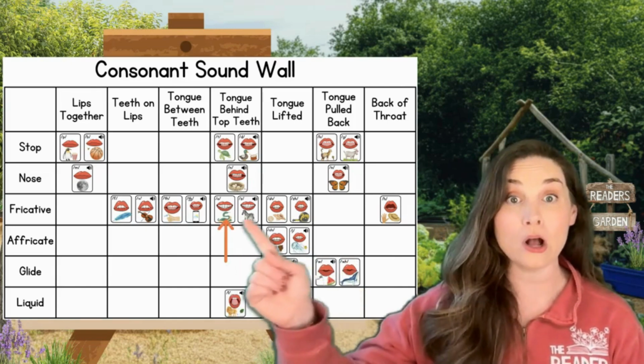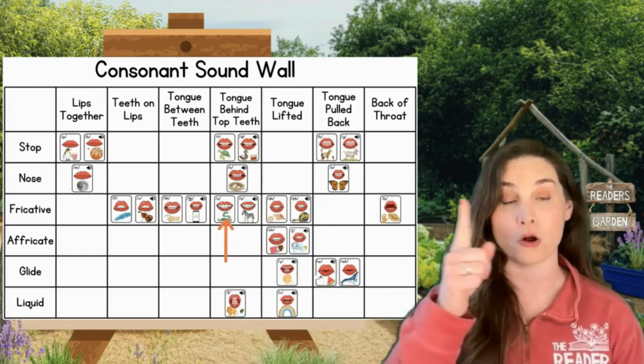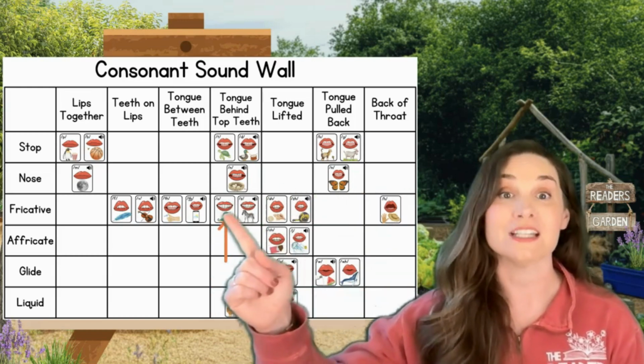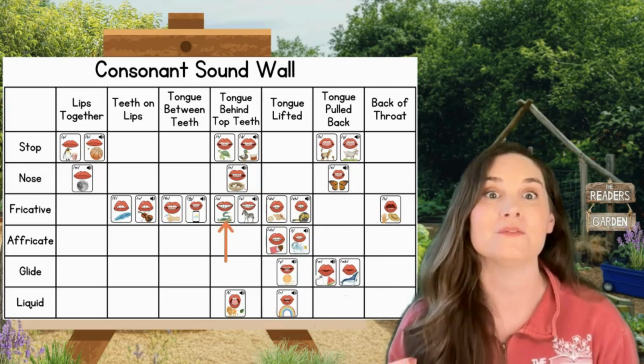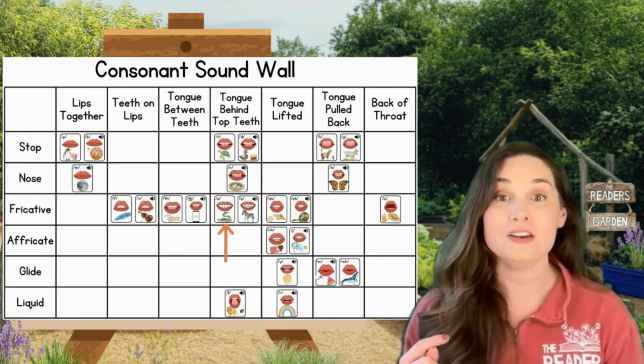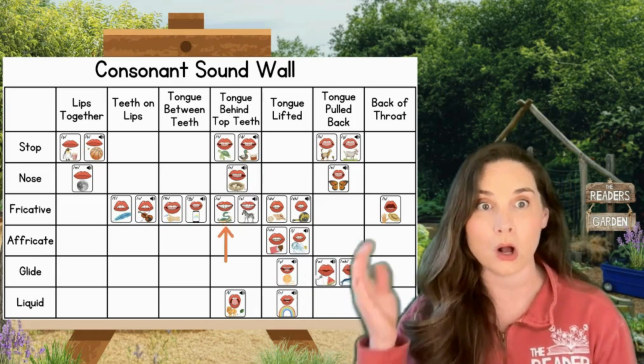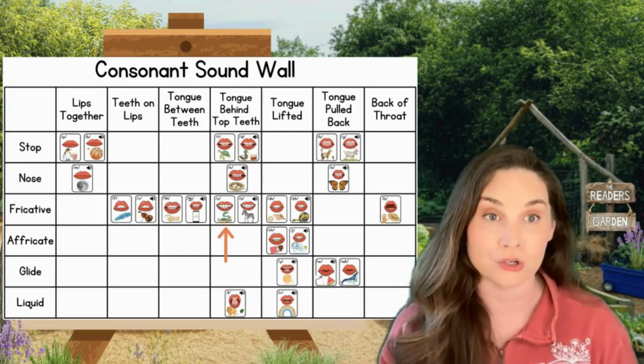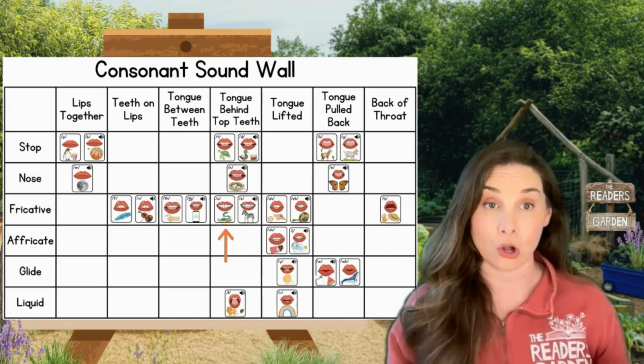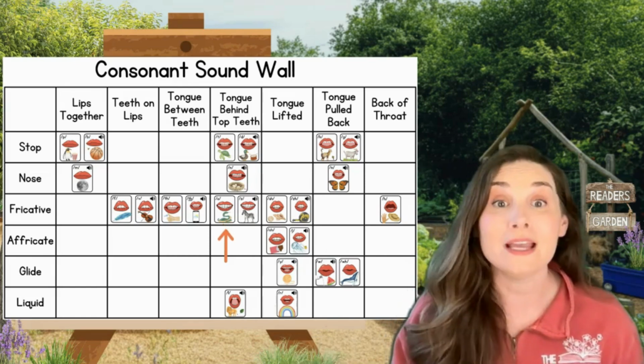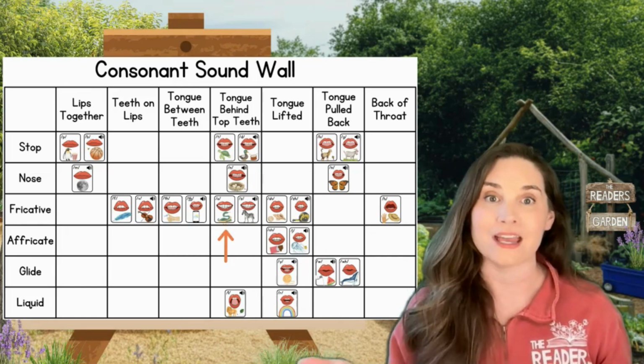And it's in the row, go this way, they're horizontal, that says fricative. So the S is a fricative sound. So we can know, based on our consonant sound wall, which you very likely have in your classroom, or you might even have in your home classroom, where that sound can be found.